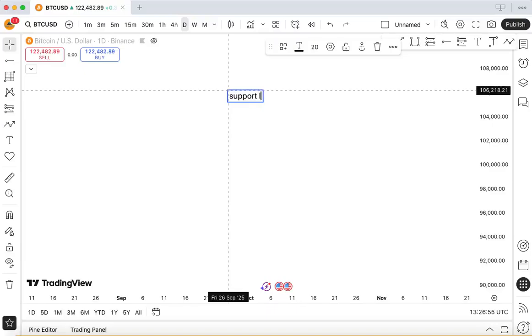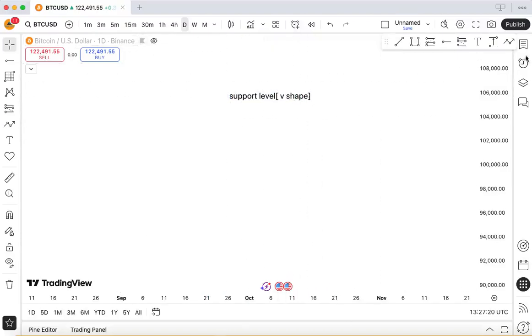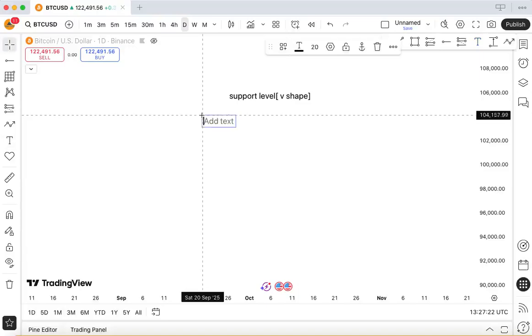So a support level, we can call it in bracket a classic V, or you can call it a V shape, no problem. Let me give a little details about it. It's made of two candles.